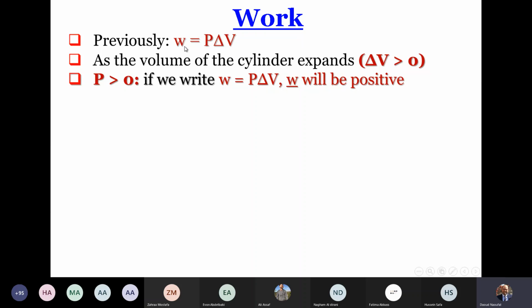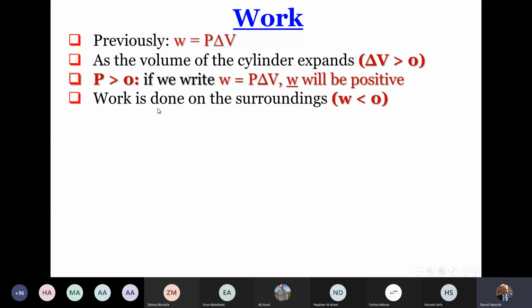So if we write the expression W equal P delta V, W will be a positive value times a positive value. In this case, W will be positive. And we are talking about expansion. In the expansion, the work is done by the system, by the gas inside the cylinder on the surrounding. Okay, so the work should be negative.